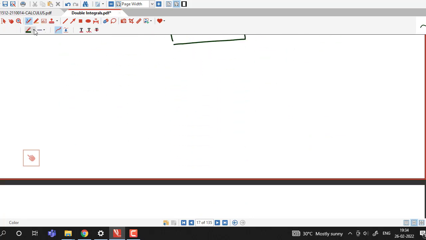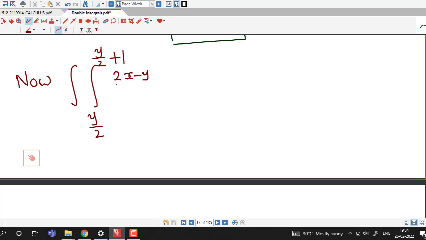Now we have everything required to convert the given integral from x, y to uv. So now we apply the change of variable formula. For that, first we write down the given integral. The given integral was the integral of (2x minus y)/2 dx dy.